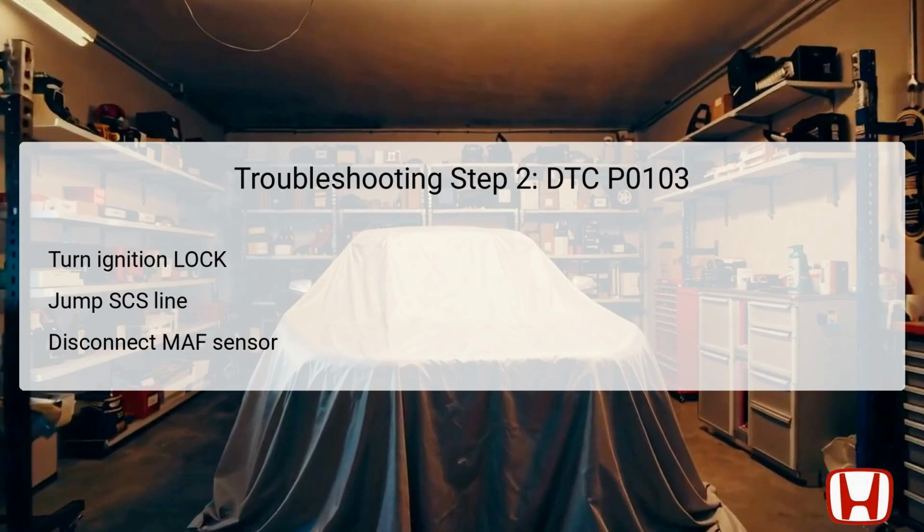Once the SCS line is jumped, disconnect the MAF sensor/IAT sensor 5P connector. The IAT sensor works alongside the MAF sensor to provide accurate air temperature readings, which are essential for the ECU to estimate the air density and adjust fueling accordingly.